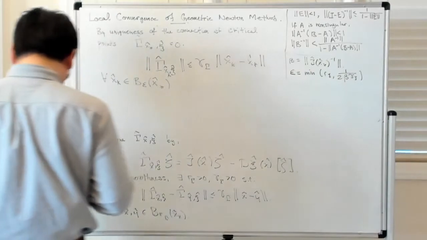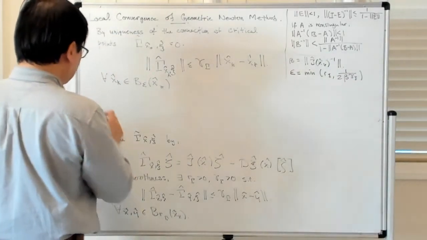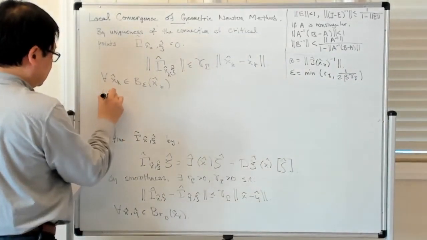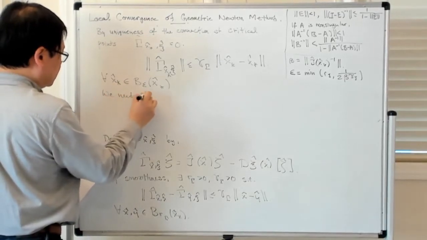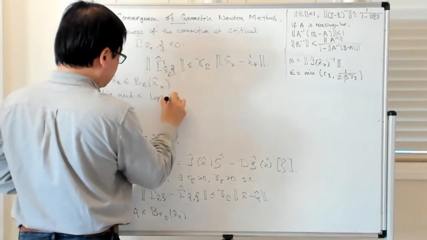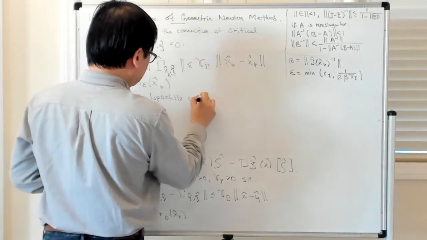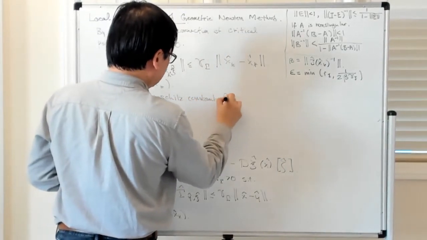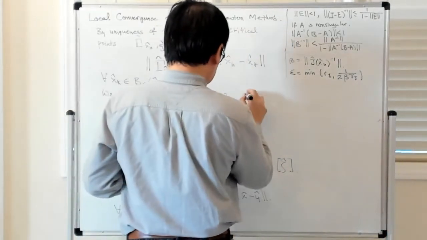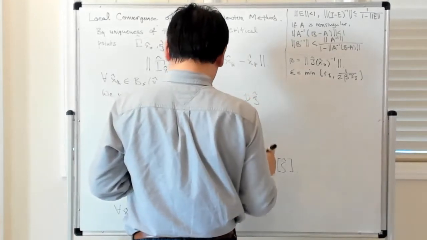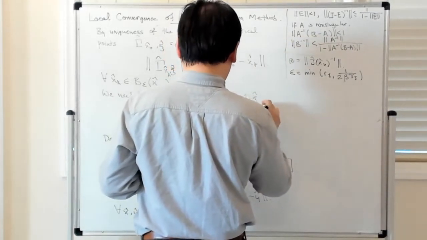Okay, so we need a Lipschitz constant for d of c hat.